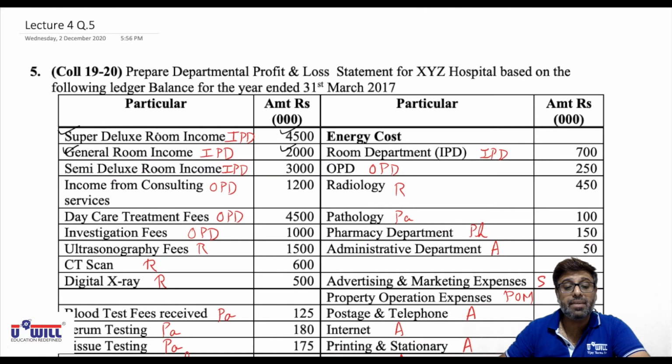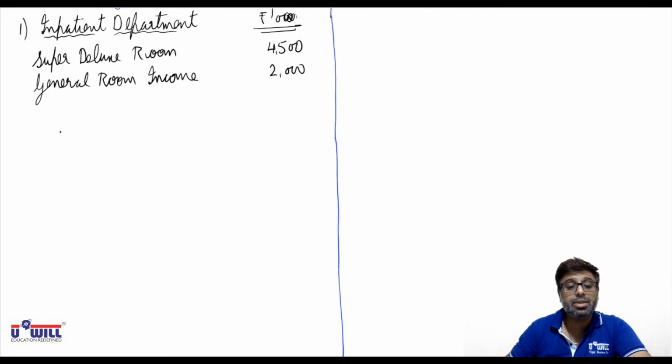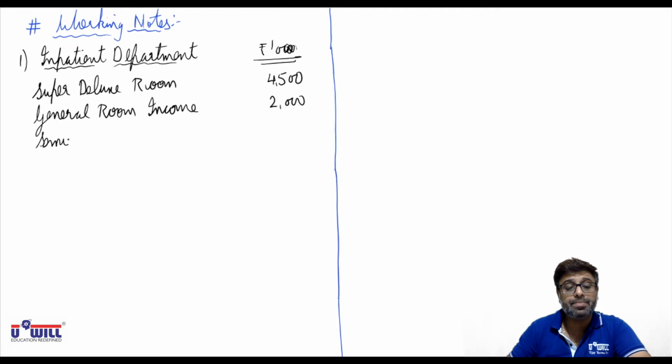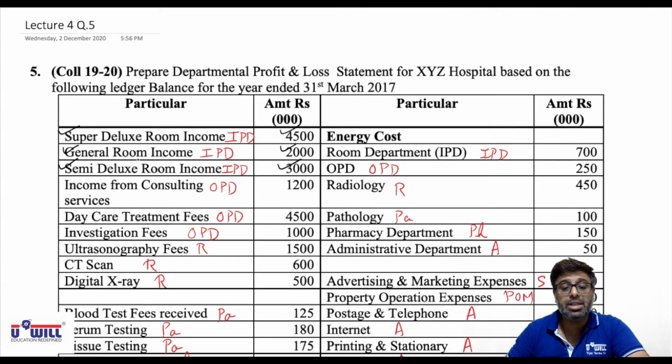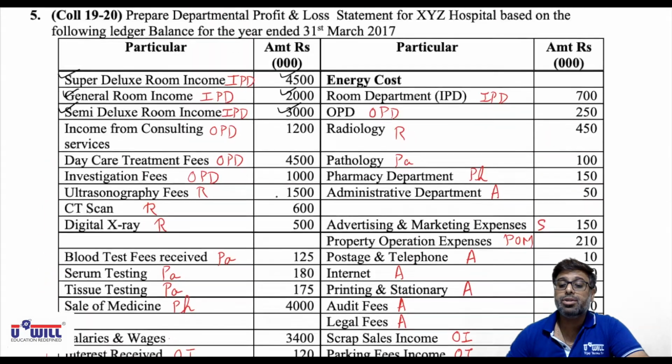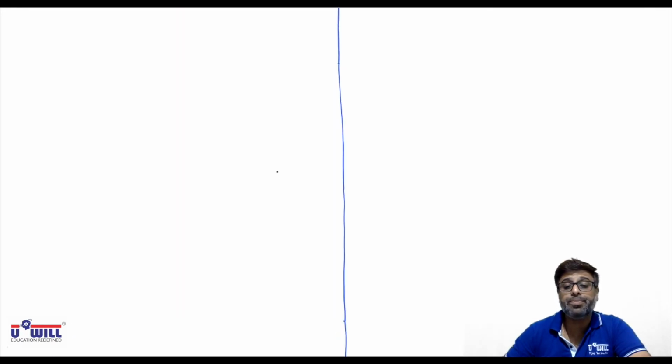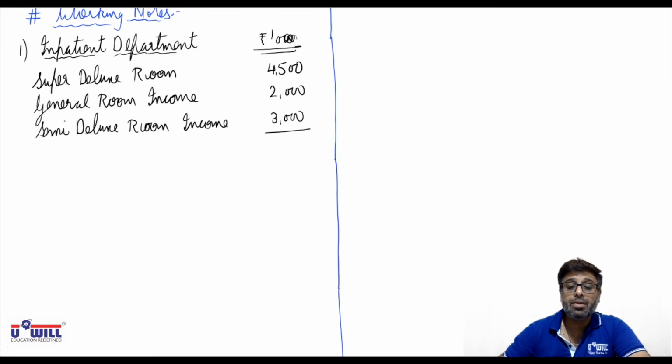Then after general room income we have semi deluxe room income 3,000. Then after semi deluxe room income there is no other income of IPD, so we can get the total revenue 9,500. Rebates and discounts are not there, so straight away we will minus all the expenses.